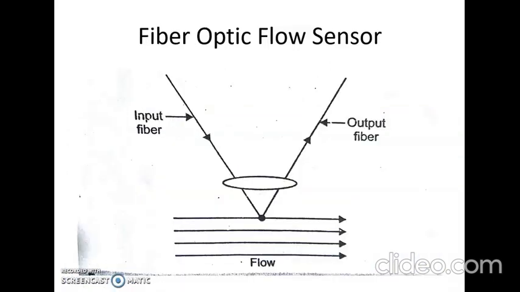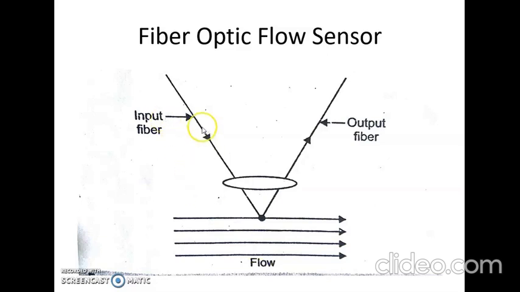Now this is an extrinsic optical fiber sensor which is used to measure liquid flow. This is called a fiber optic flow sensor. In this type of flow sensor, the frequency of light waves scattered from the particles in the moving fluid is Doppler shifted, the frequency shift being proportional to the velocity.